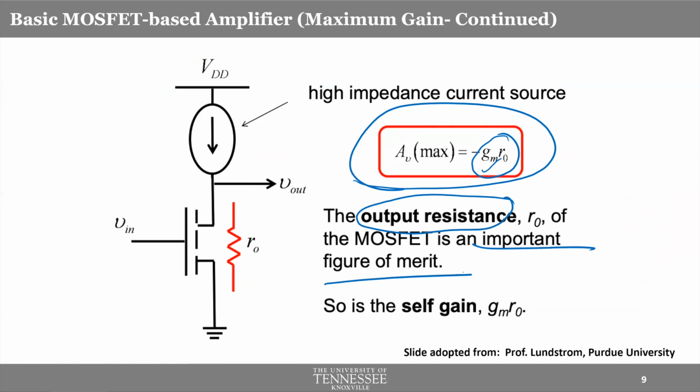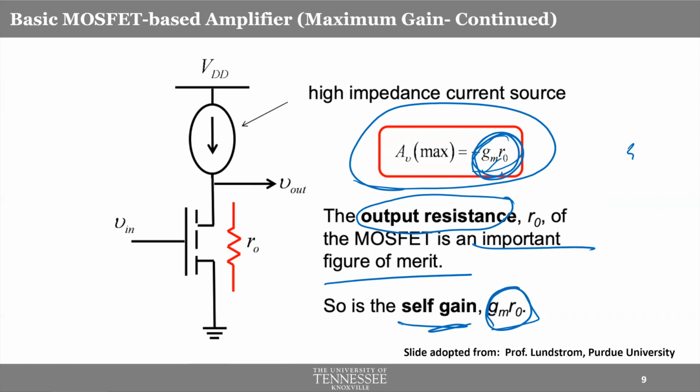So if somebody tells you that in our technology we have 100 ohms of output resistance, and in some other technology they have 500 ohms of output resistance, you will immediately think that the technology with 500 ohm or higher R0 will be a better amplifier, because just look at these characteristics. The maximum gain that you can get will be higher. And by the way, this term gm R0 is called the self gain of the transistor. Okay, just so you know.